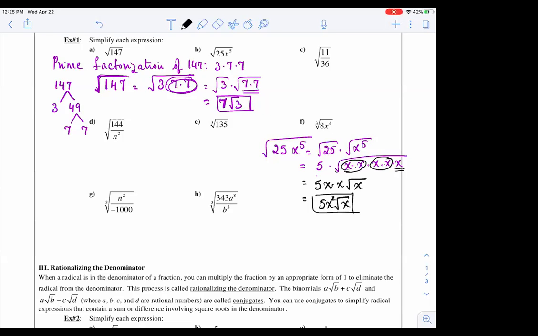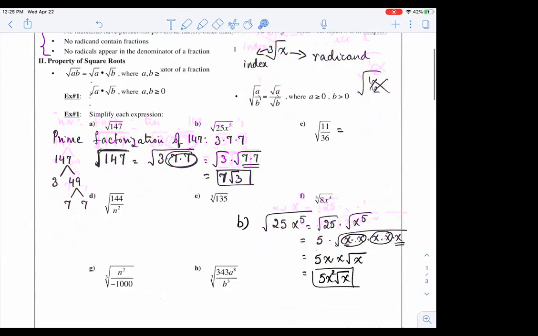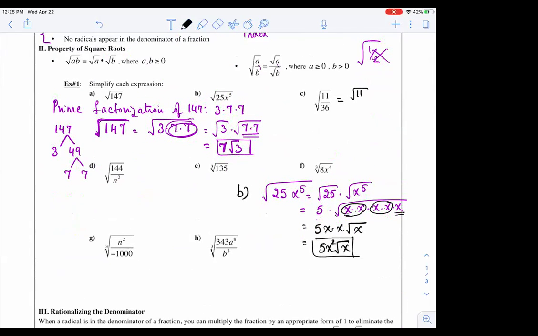Okay. All right. So the next example, guys, this is B. C is radical 11 over 36. And we are going to use this rule. When you have a fraction inside the square root, according to bullet point number 2, you can't do that. You need to split them. So it's going to be the square root of 11 divided by the square root of 36.